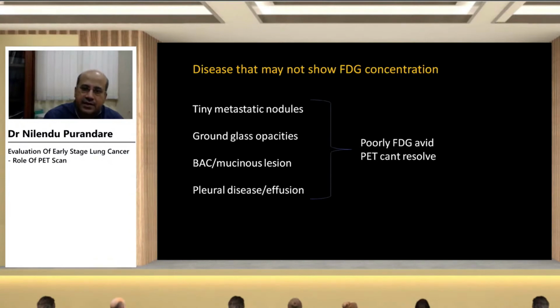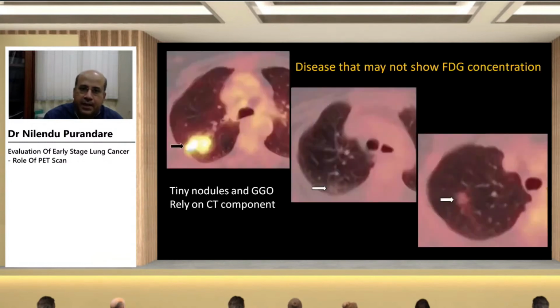Now, there are certain diseases in lung cancer which do not show FDG concentration. For example, small metastatic lymph nodes, ground glass nodules, mucinous lesions, very often FDG cannot resolve. FDG has poor ability and PET can't resolve these conditions.